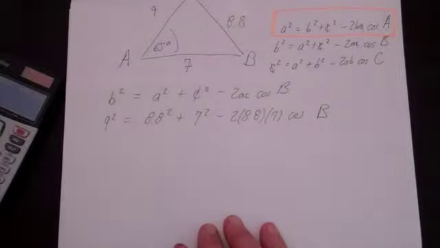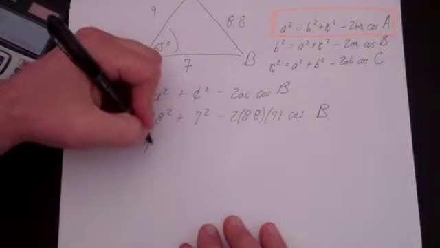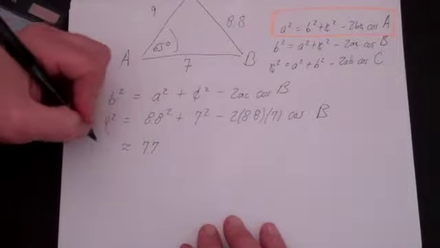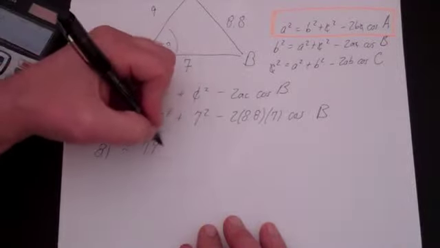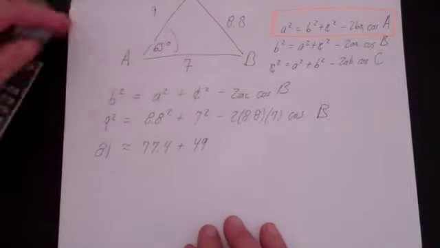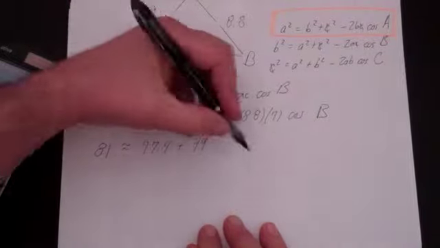Now I have some calculator work to do. 8.8 squared is about 77. So 81 is approximately 77.4 plus 49. 8.8 times 7 times 2 is about 123.